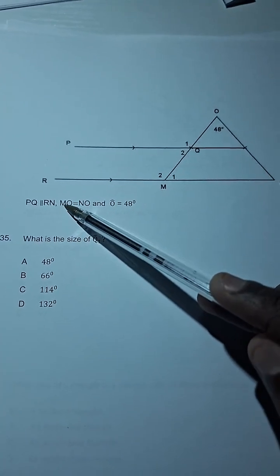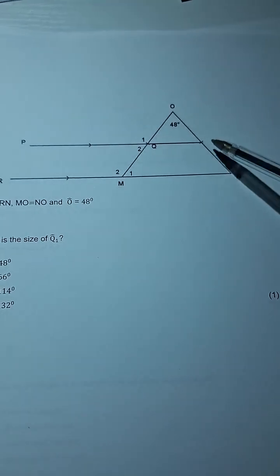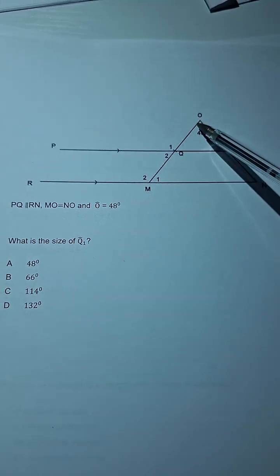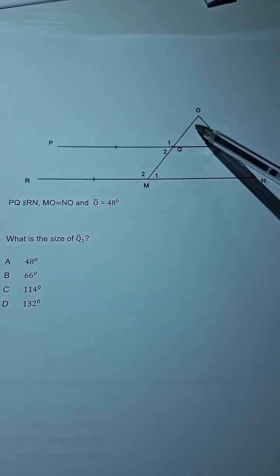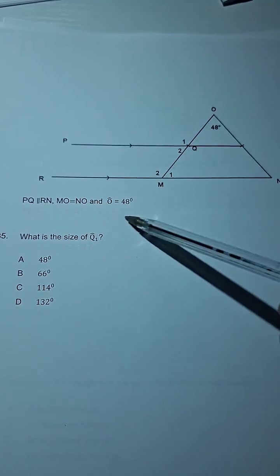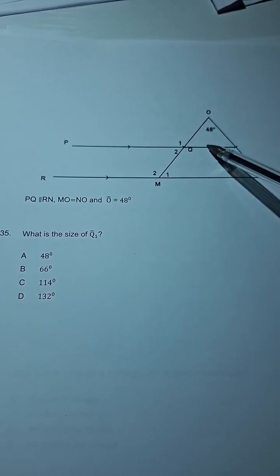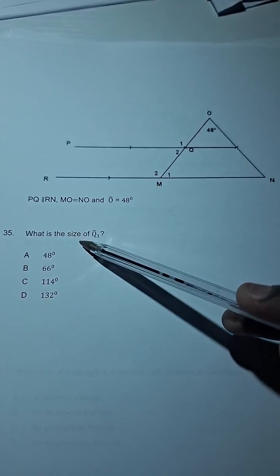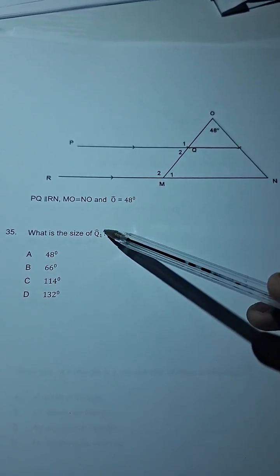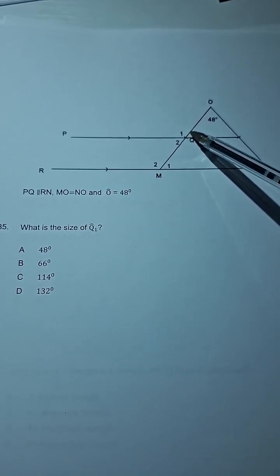Now we are told that MO is equal to NO, and that angle O is equal to 48 degrees. So this is a nice, beautiful problem if you look at it. Now we are asked, what is the size of angle Q1? It's here.